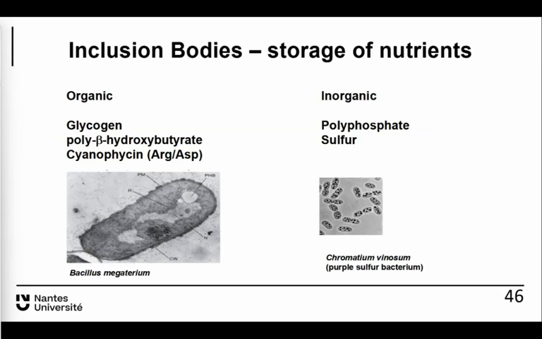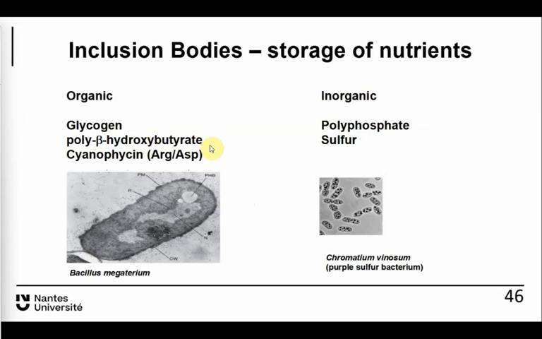Now, some of these granules are directly in contact with the cytoplasm. So glycogen granules and polyphosphate granules are just directly in contact with the cytoplasm. Whereas poly-beta hydroxybutyrate granules are surrounded by a kind of lipid monolayer. Okay, so it's not like a bilayer lipid membrane.